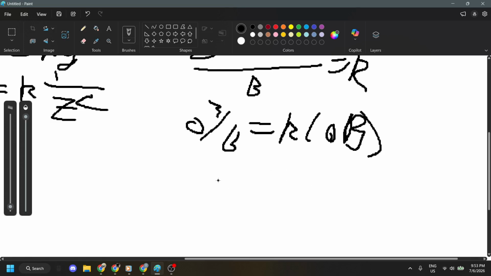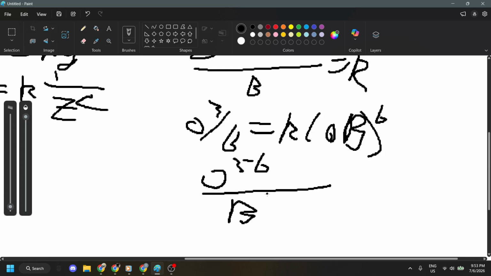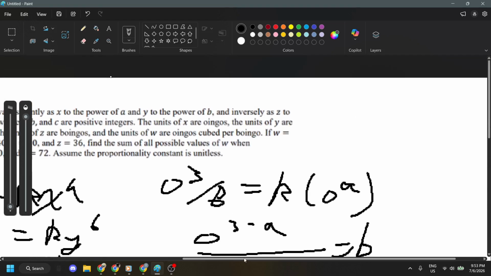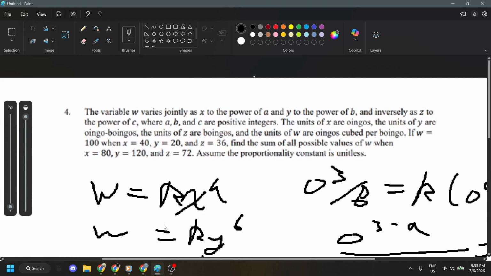So now we have oingo to the 3 minus b over boingo to the b plus 1 is equal to k. And then this last one, z, is in boingos.